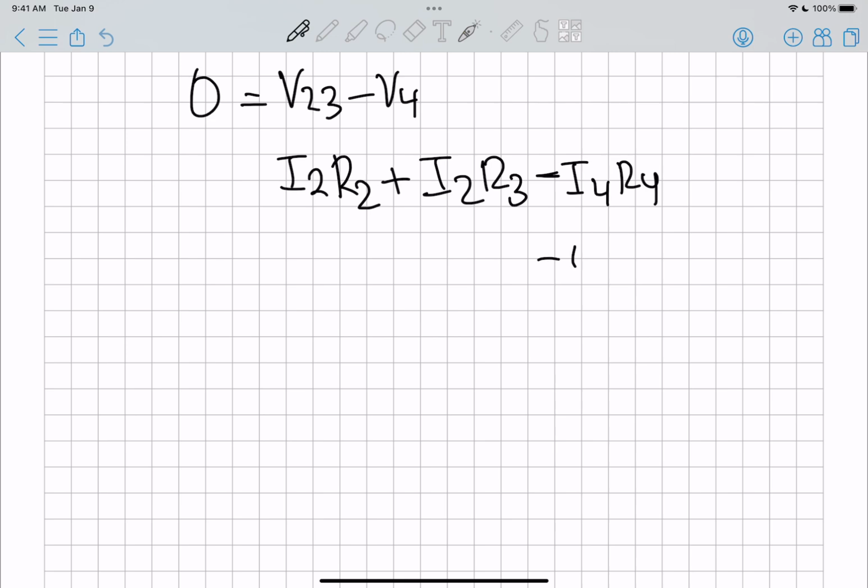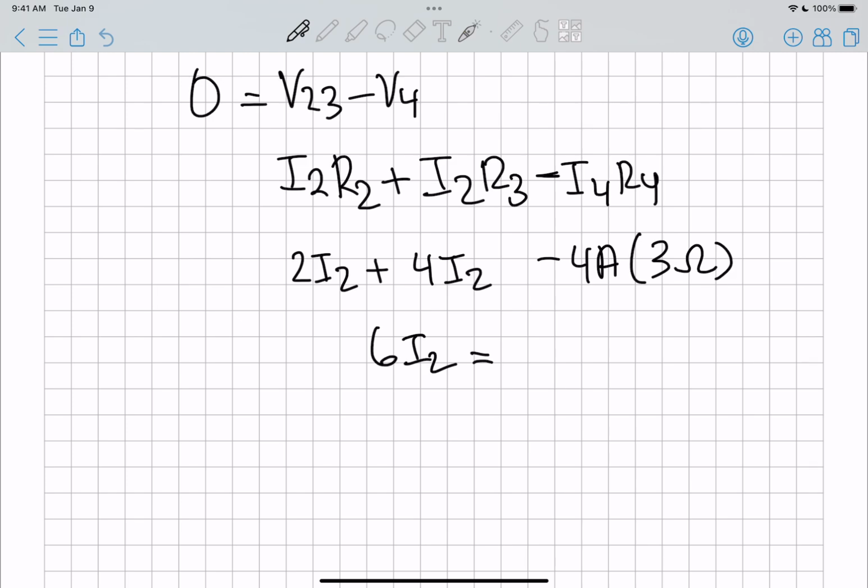We got 4 amps here, R4 is 3 ohms. These two together would be 2I2 plus 4I2, so this is 6I2, and this is equal to 12. So I2 is just equal to 2 amps.